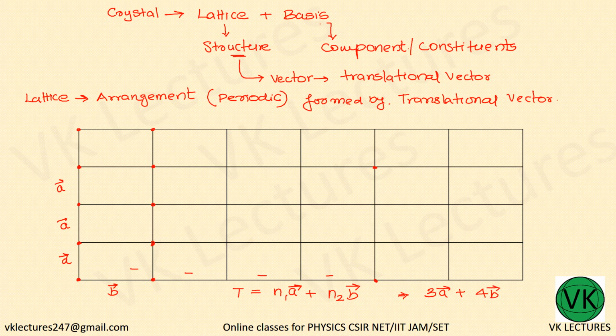Similarly, any point, for example this point, can be written as 3 times a plus b. So this is called the translational vector t. You can write this one as t1, this one as t2, or any point here as 3 comma 3, which represents 3a plus 3b.